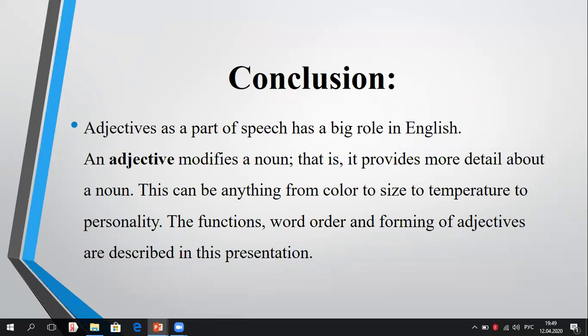The functions, word order, and the forming of adjectives are described in this presentation. That's all for today, and next time we'll continue with the degrees of comparison and some other types of adjectives. For today, that's all.